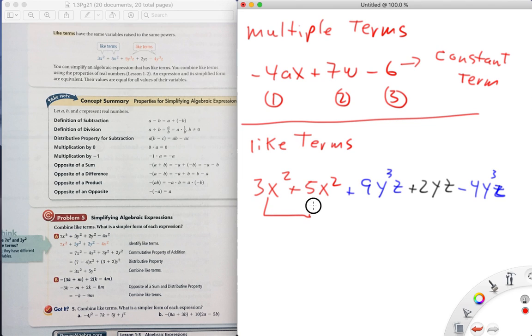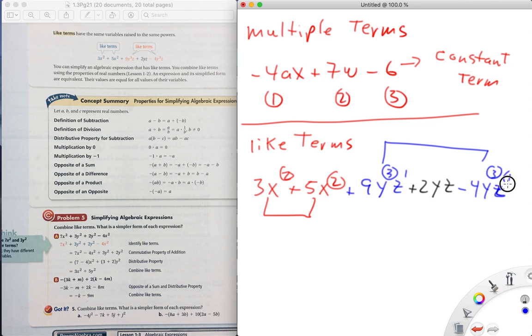So these guys are like terms because they both have the variable x and they both have the variable x raised to the second power. These powers are the same. These guys are like terms because they both have the variable y and z, and the variable y has the same power. They're both raised to the third, and this z has a power also.